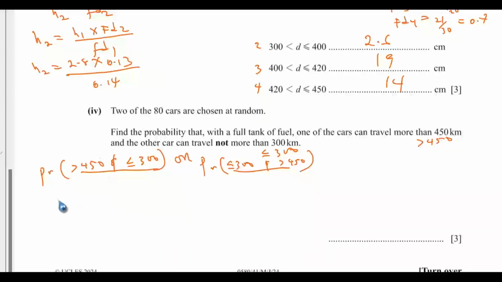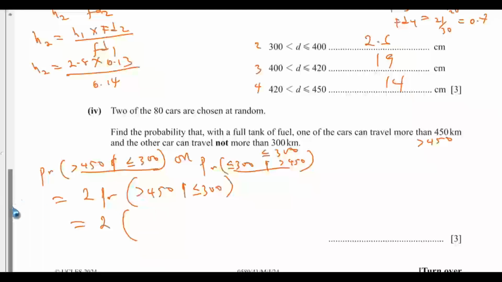So you can see that what you have inside the brackets are the same, just the order. So for that reason, you can just say that it equals 2 times the probability of any one of them. So let's use this one, greater than 450 and then less than or equal to 300. So that will be equal to 2 times the bracket, the probability that it is greater than 450.